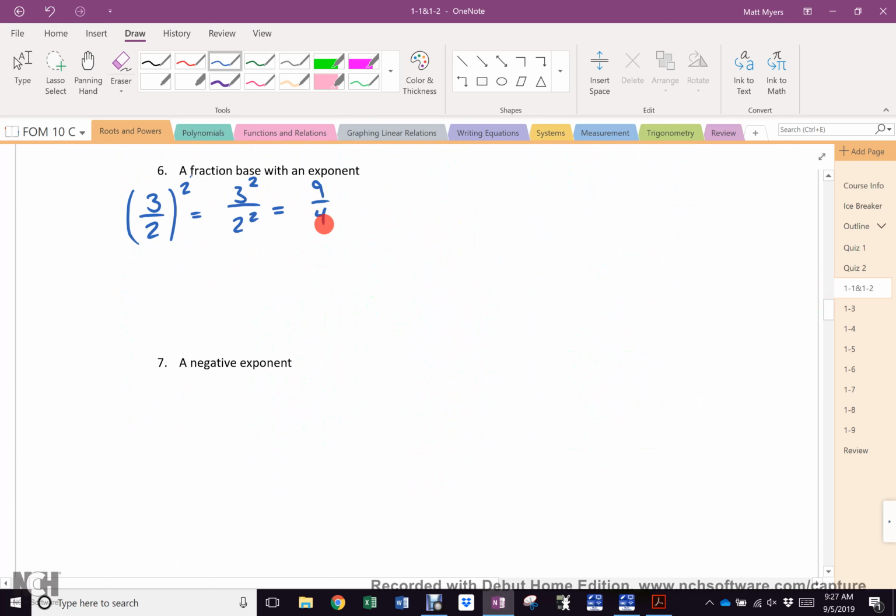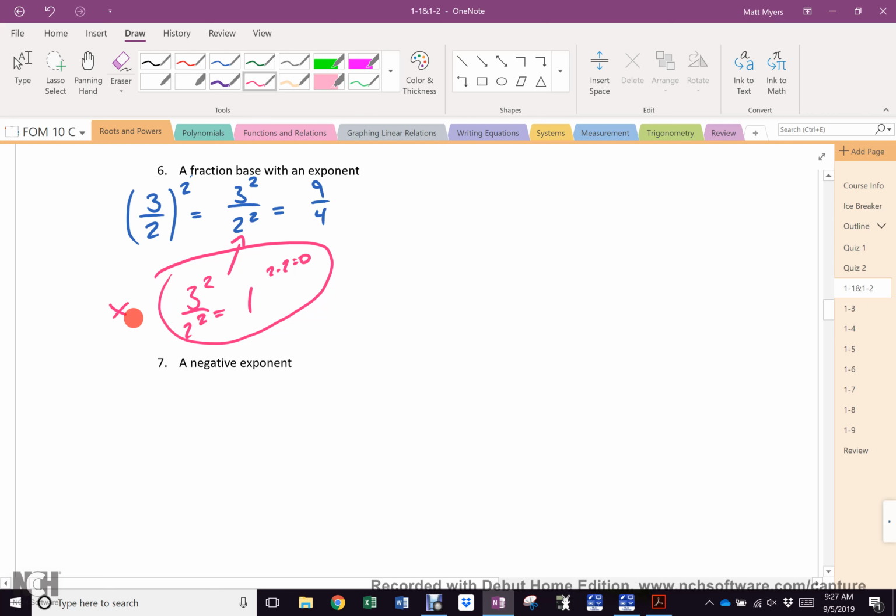Now, some kids at this spot say, oh, 2 minus 2, 0, it's 1. Don't laugh, Maggie. They do it all the time. Why can I not do that? Why is this, 3 squared over 2 squared equals 1 because 2 minus 2 equals 0, all wrong?